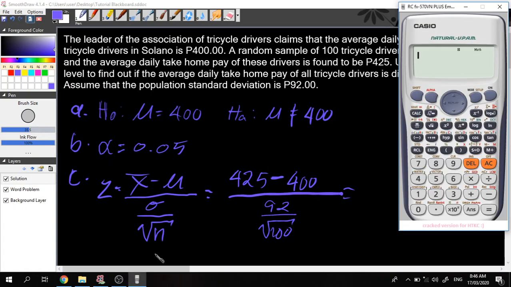Using our calculator, we can easily find the z value or the z score.